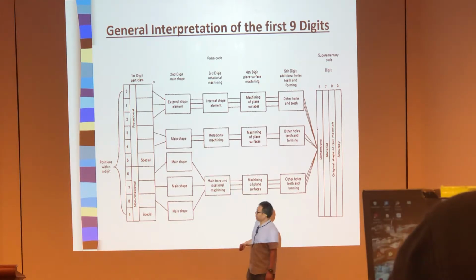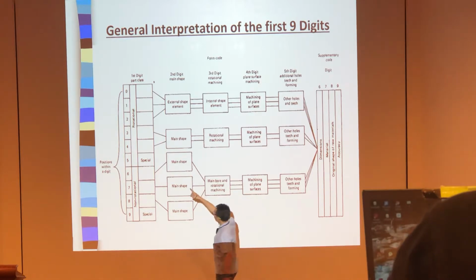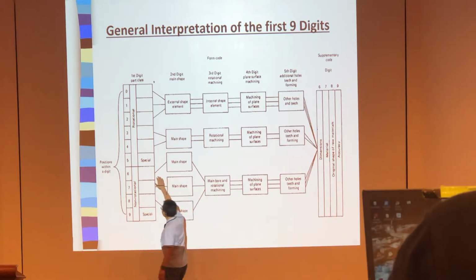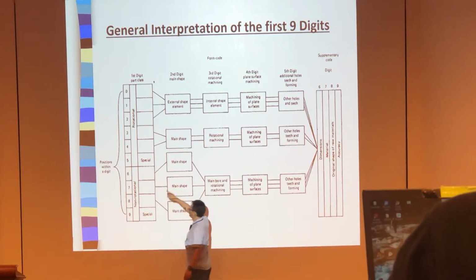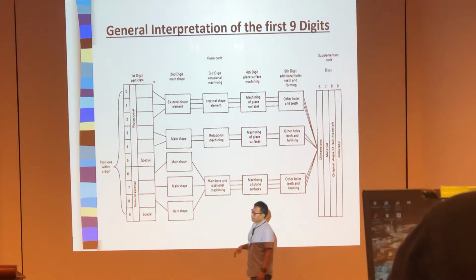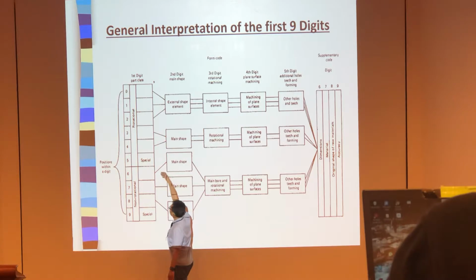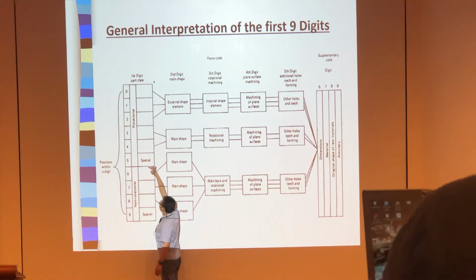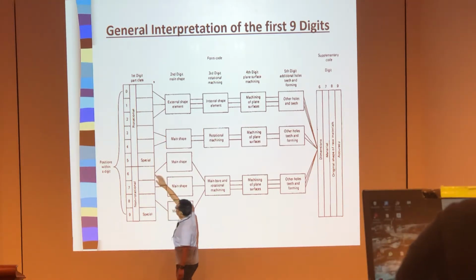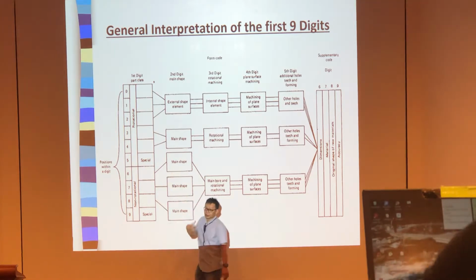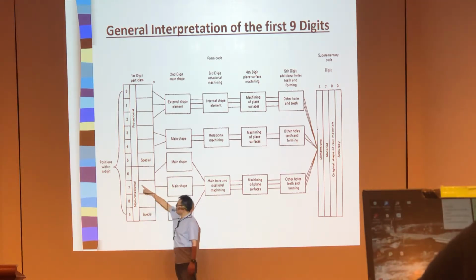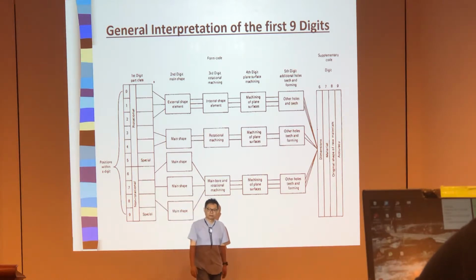Why do we call it hierarchical? If you look at this, the value is decimal, from 0 to 9, and the partition line for the value is here. 0 to 5 belong to rotational parts, and 6 to 9 are non-rotational.